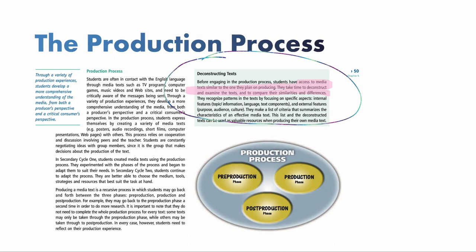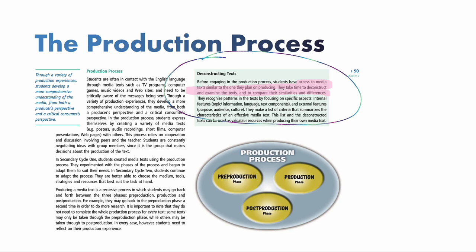Okay, we're going to talk now about the production process. And the production process is more complex than the writing process, but it does integrate the writing process into it. And you're going to see again, here it is deconstructing the text. And again, I cannot emphasize enough how important it is, especially when you're doing the production process, to take the time to do this.